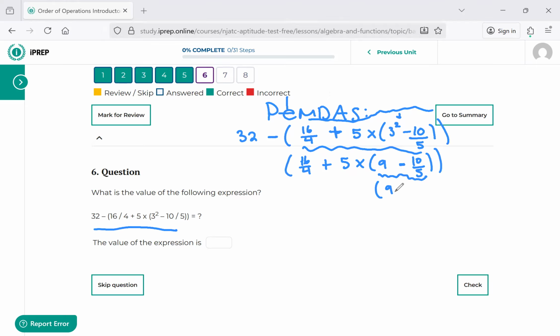So it's going to be 9 minus 10 divided by 5 is 2. Bring down the stuff you have not done. Okay. And then we still have to finish this parentheses. So there's only one order of operation. 9 minus 2 is 7.